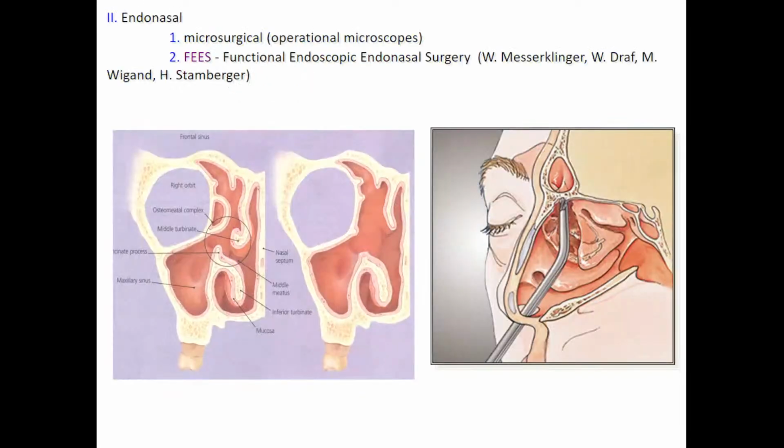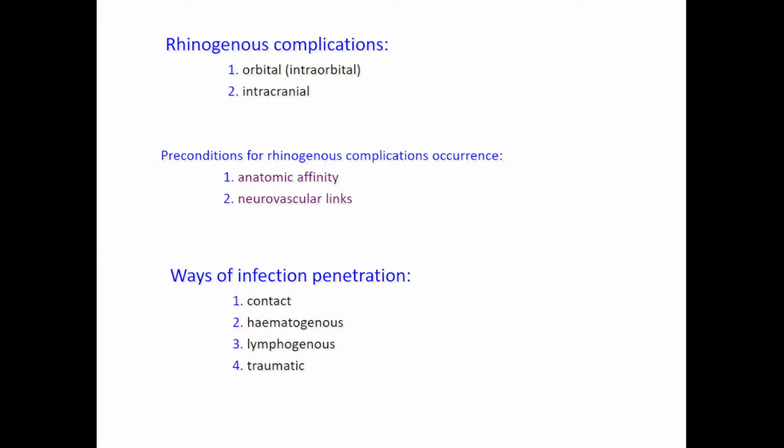As we see here, the ethmoid sinus, maxillary sinus, and frontal sinus have very close connection with the orbit. And of course, the orbit is the first region where complication may be developed. Ways of infection penetration are contact, hematogenous, lymphogenous, and traumatic. More common are contact and hematogenous.